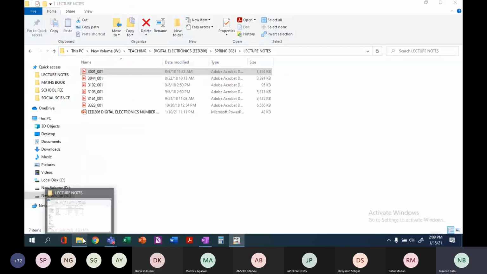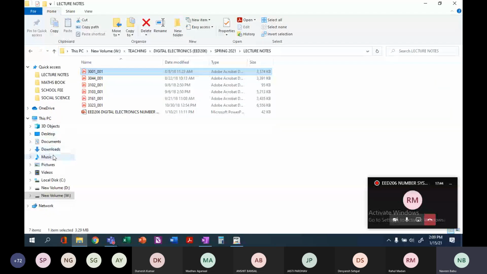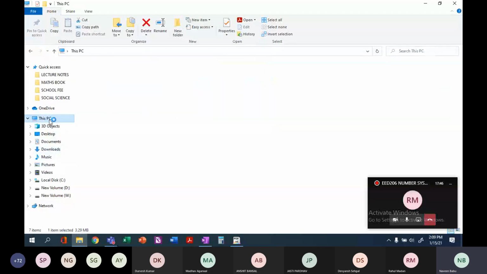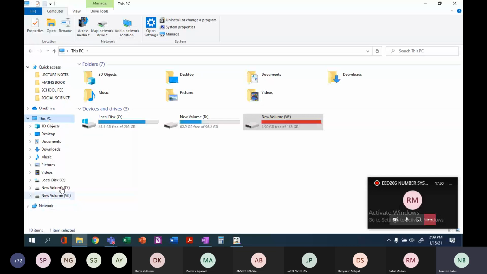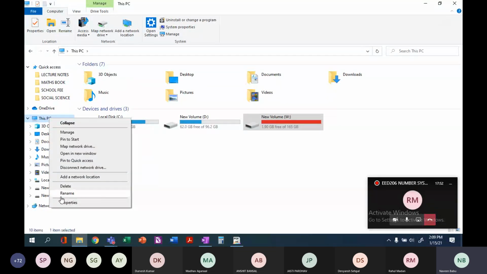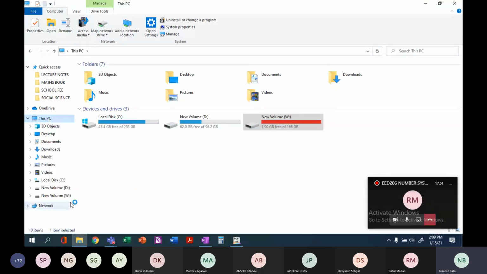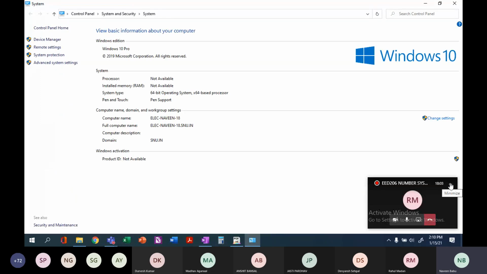If you look at my system, this is my PC. If you look at the properties, you will see that it is a 64-bit operating system.